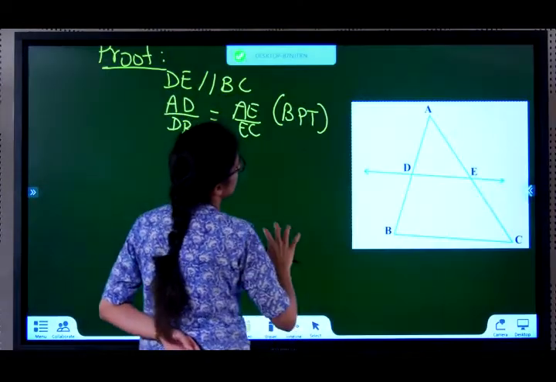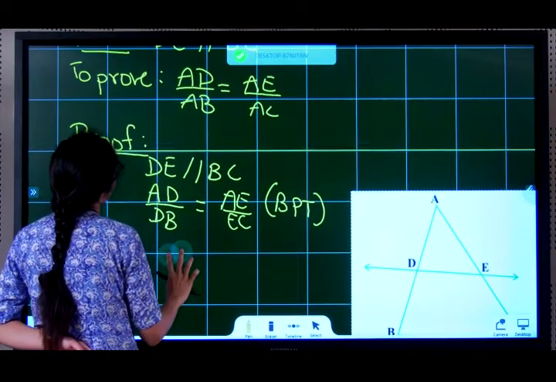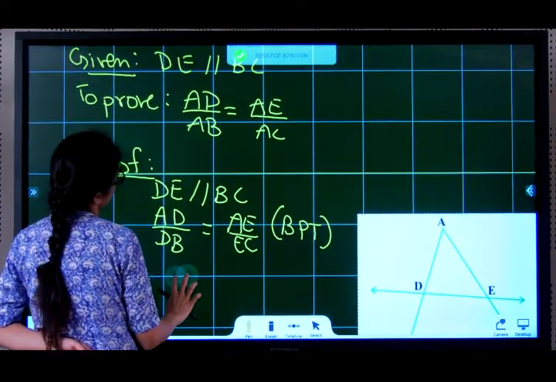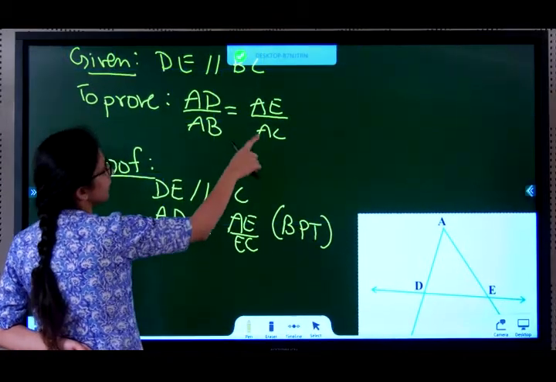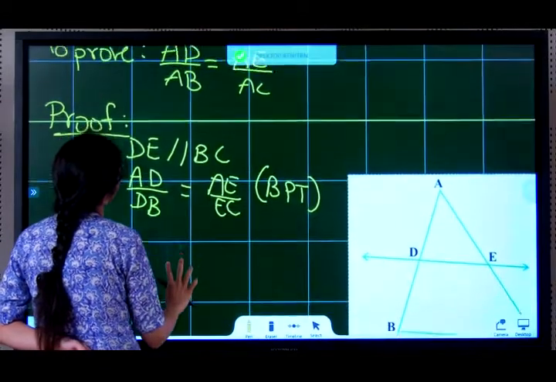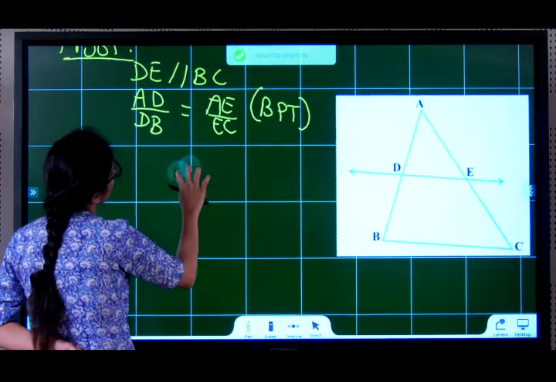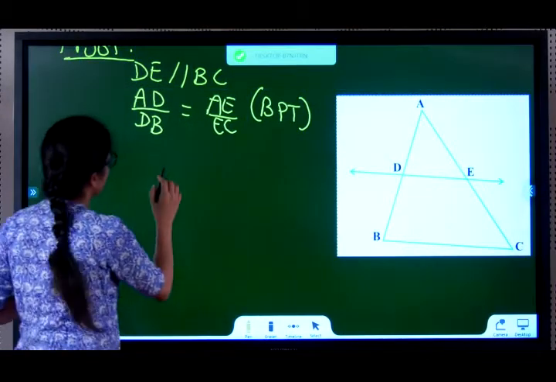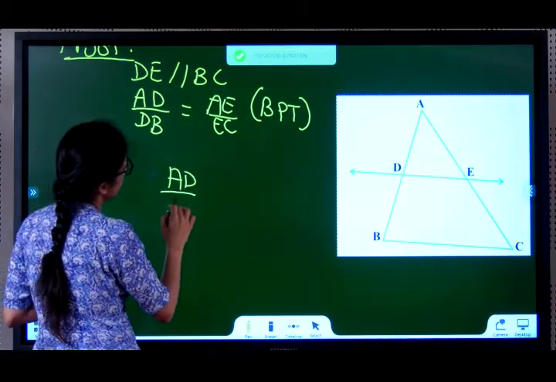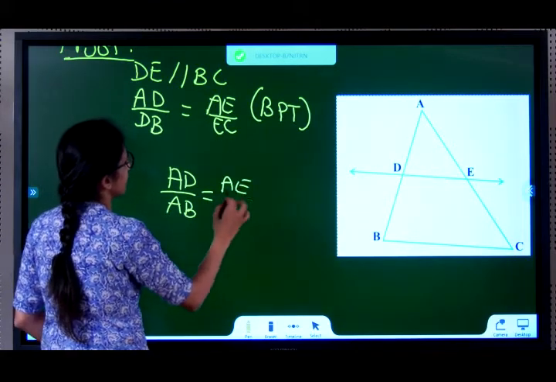Now, in the proof, they want AB to be in the denominator, like they want the bigger one in the denominator. They want AD by AB is equal to AE by AC.